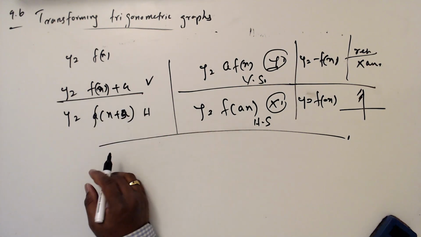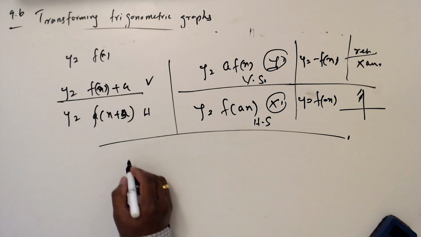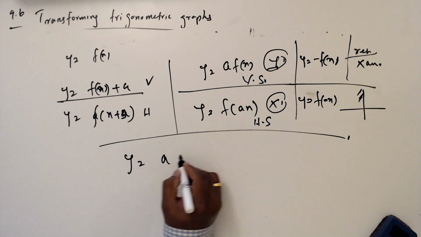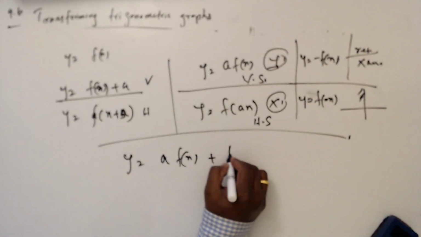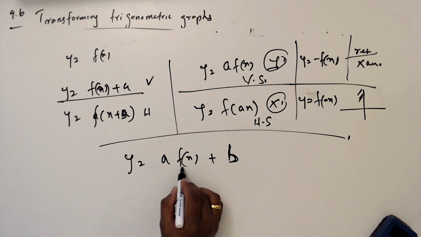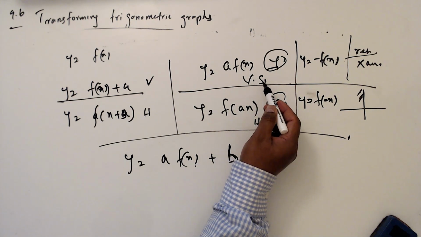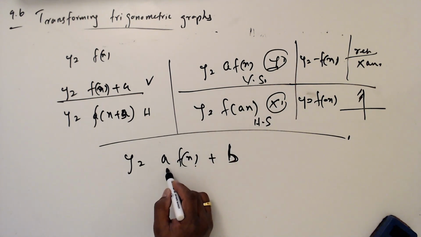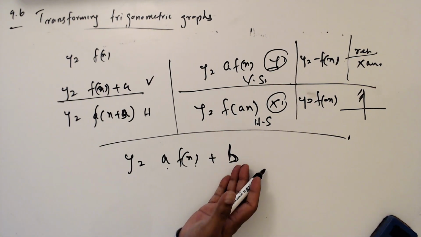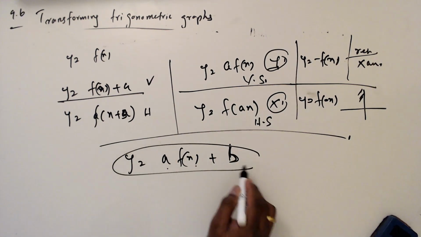So sometimes you may get a combination of these. If you look at y equals a f of x plus b, then what is the meaning of this? The f of x graph is vertically stretched by a and then shifted up or down by b. B positive is up, b negative is down. Likewise, it is a combination.